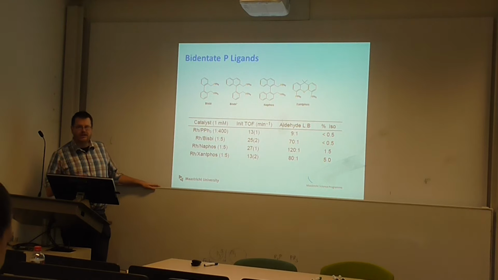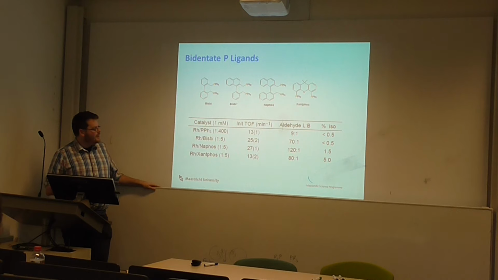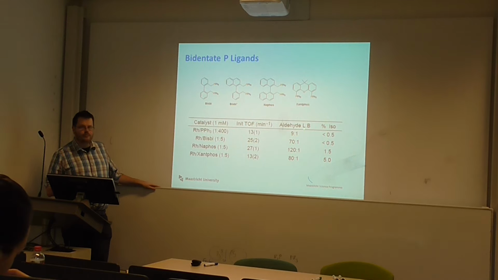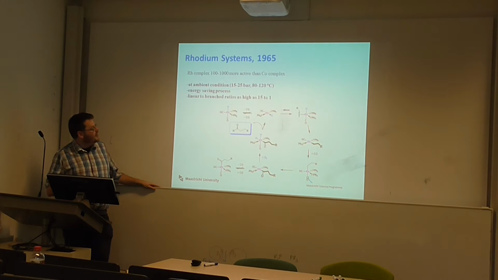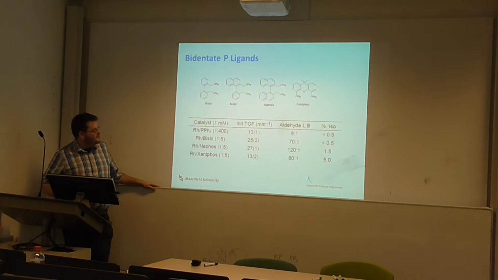These are typical phosphines used in rhodium-catalyzed hydroformylation. You can see that the turnover frequency is not really affected, but you have dramatic changes in the linear to branched, or n to iso, ratio. This is the unmodified system, the first entry here, PPh3. That's the ratio, so they've thrown in extra triphenylphosphine.